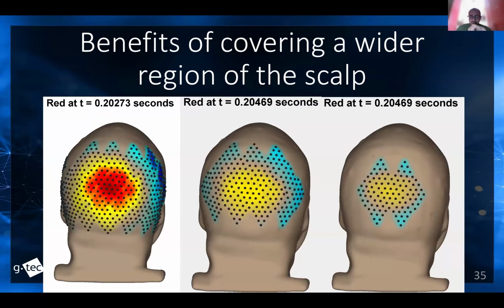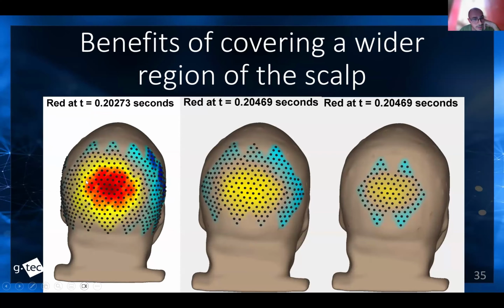Sorry, I will show first this, it's more interesting. So let's see first the coveraging. In topography here, we can see very easily the differences. Covering more, of course, makes the region of activation more visible.